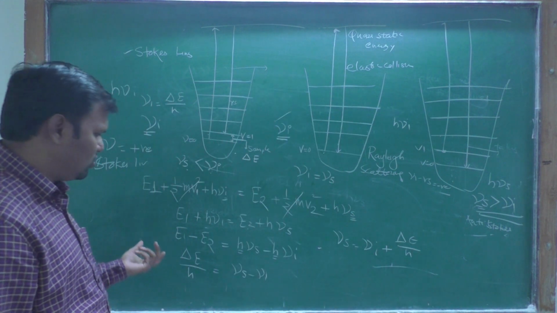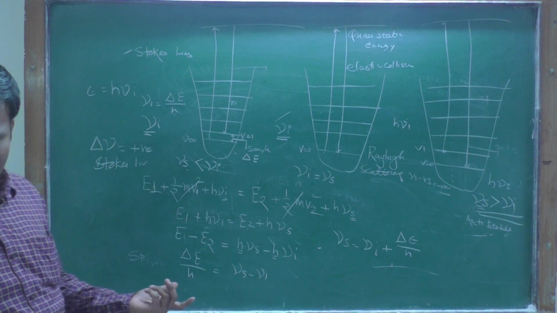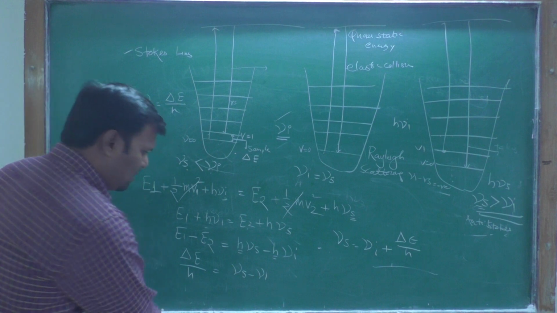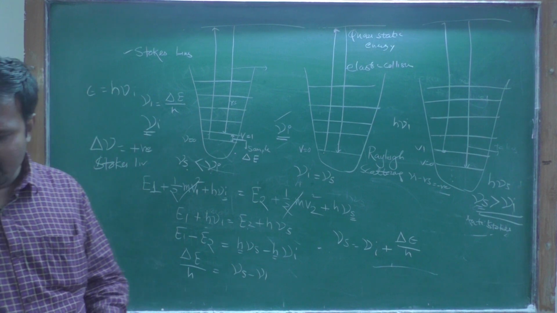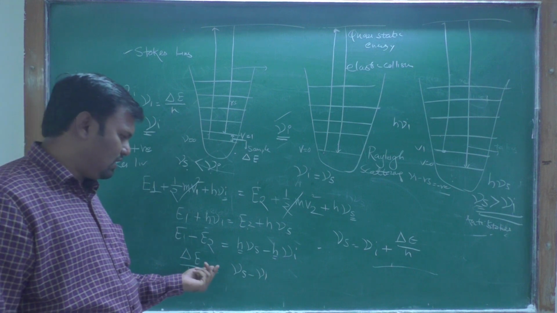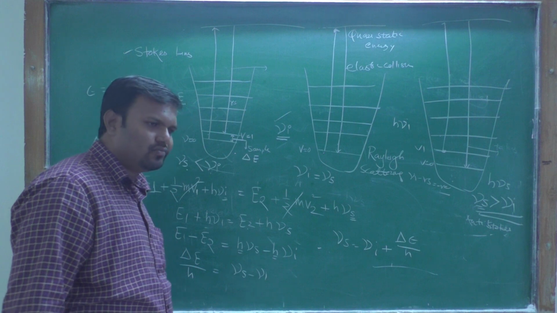So delta E upon h is equal to mu S minus mu I.